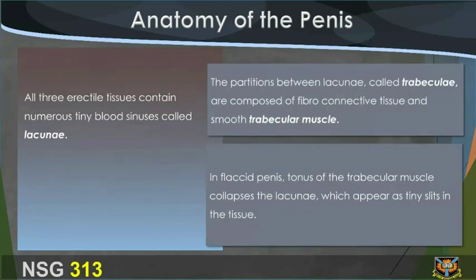All three erectile tissues contain numerous tiny blood sinuses called lacunae. The partitions between lacunae, called trabeculae, are composed of fibroconnective tissue and smooth trabecular muscle. In the flaccid penis, tonus of the trabecular muscle collapses the lacunae, which appear as tiny slits in the tissue.